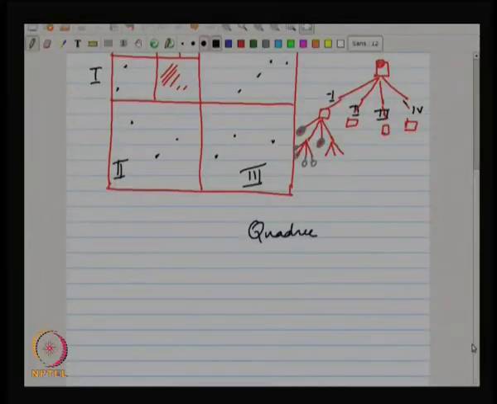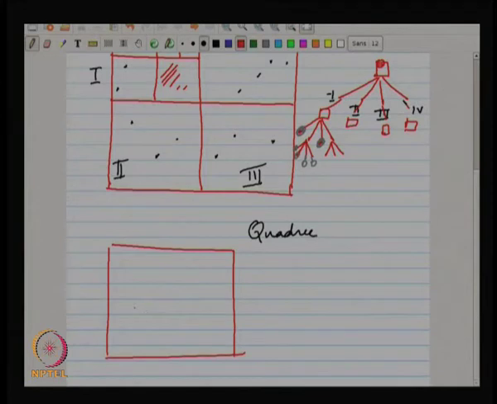rather than the way the points are distributed. And therefore, as I just remarked, you do not have many desirable provable properties for quadtrees, and in particular you could have a distribution where of course I start with a square, but then I may have most points clustered in here.